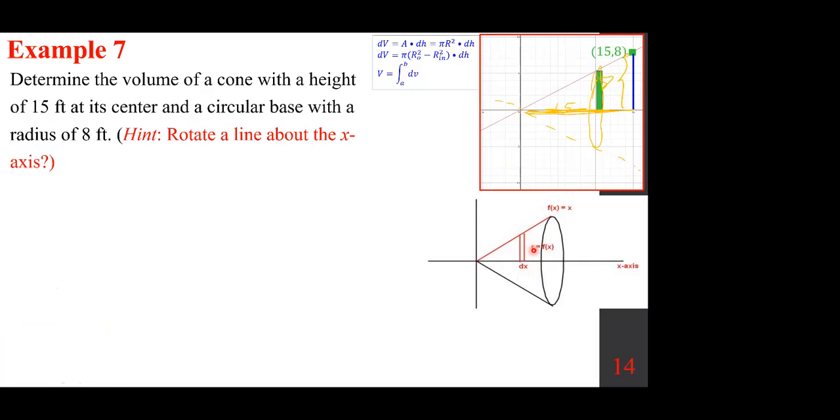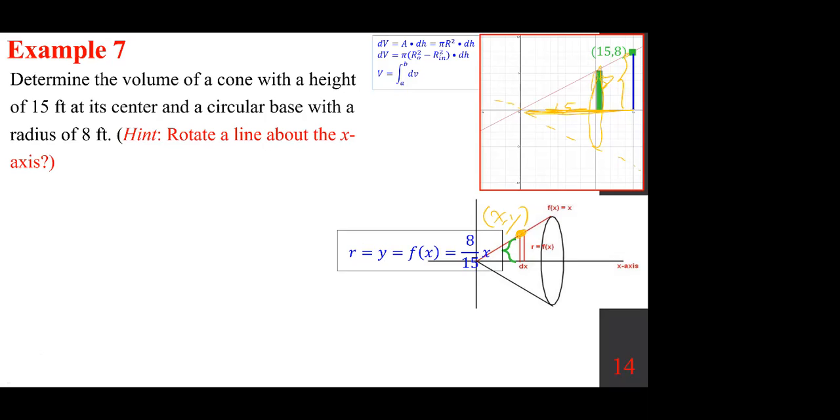If you're looking at this formula, pi r squared dh, obviously dh is dx, and r is the y coordinate. Again, let's just write this point having coordinates x comma y. So the radius is actually the y coordinate, f of x equals 8 over 15x.